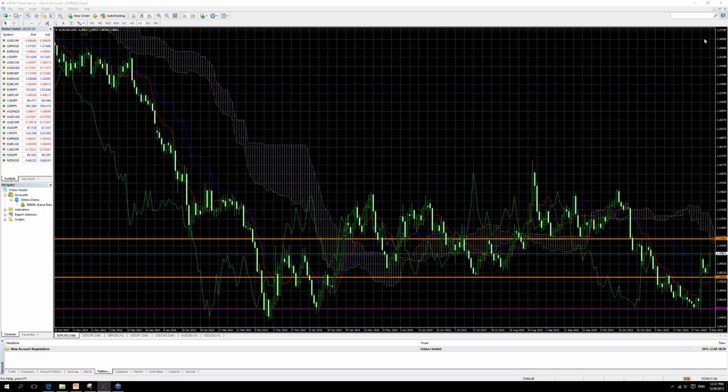They came in better than expected. They were not as important, but they were a lot better than expected. The German flash manufacturing on Monday came in better than expected. The French manufacturing came in unchanged. So it has been helping a little bit with the euro surge at the moment.